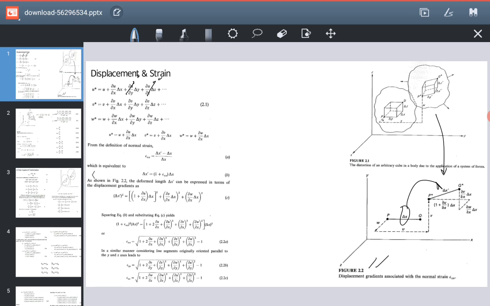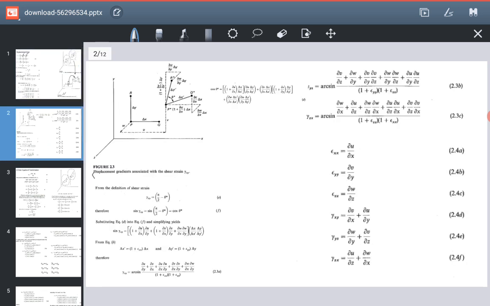Which is why you can see that y tends to 0 and z tends to 0. But if this had not been the case, we had no reason to actually cancel delta y and delta z.